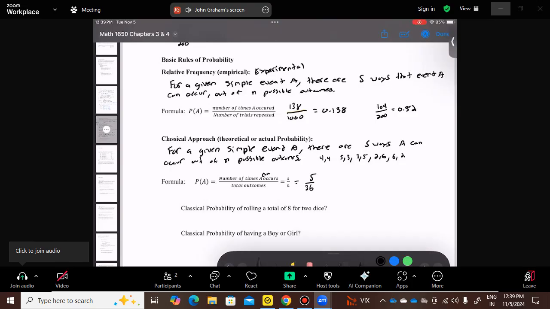And so that's our classical probability, 0.139. For the coin flip, and we have boys and girls, we have a 0 for a boy, which is 1 way, and there's only 0 and 1 as the possibilities, so it's 0.5.